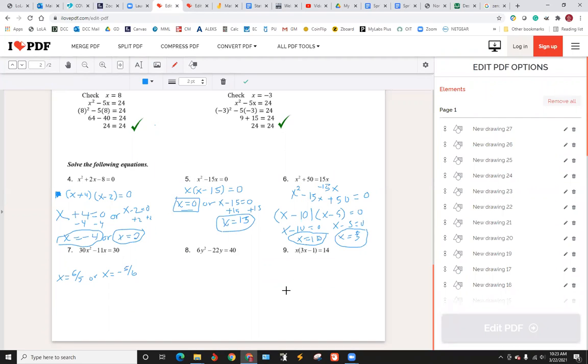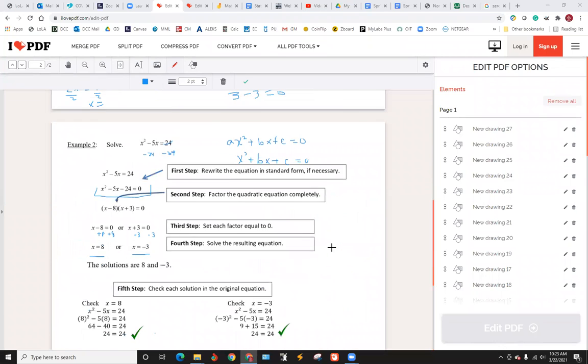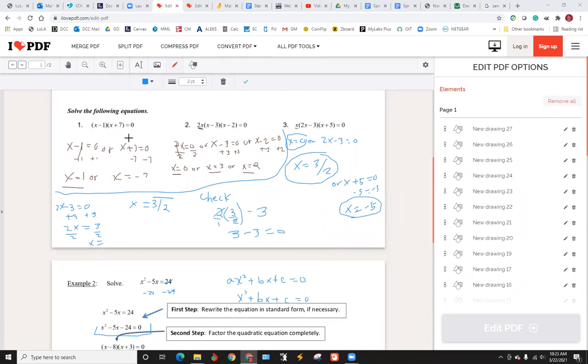All right, now with this one, we should have enough room over here. Now this is totally different than one like this, or even like this, because these were already set equal to 0.